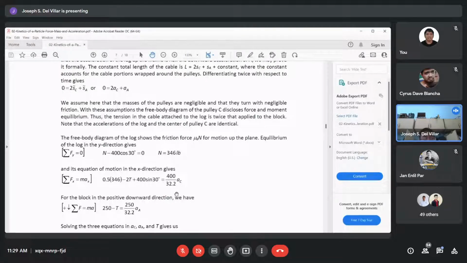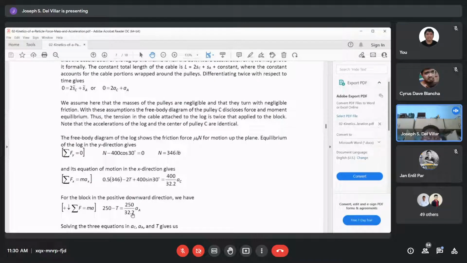So we have for the block in positive downward direction, because the positive is downward, we have 250. When it comes to the block in the positive downward, 250 minus T is equal to 250 all over 32.2.